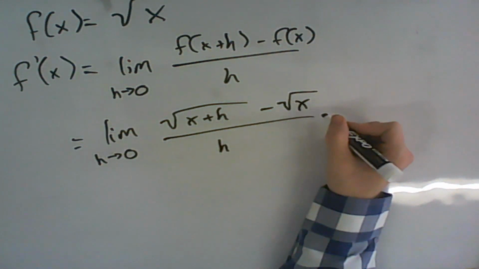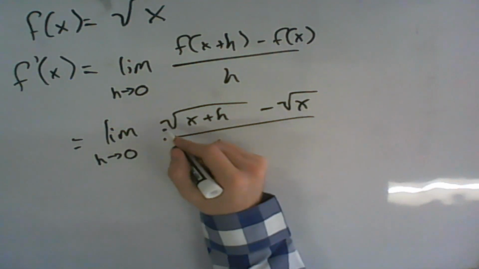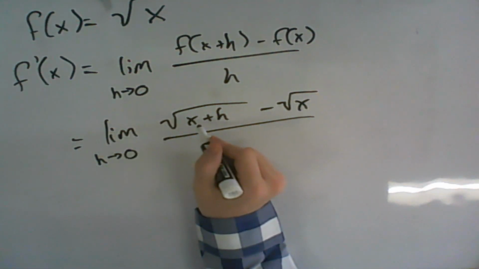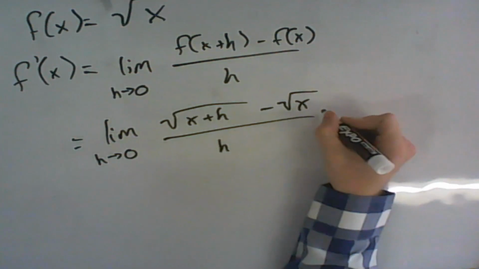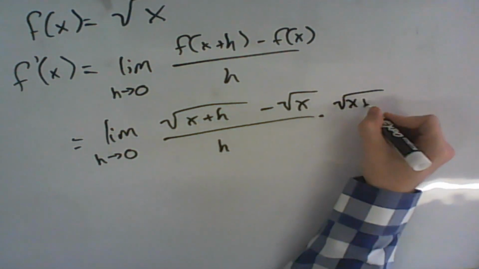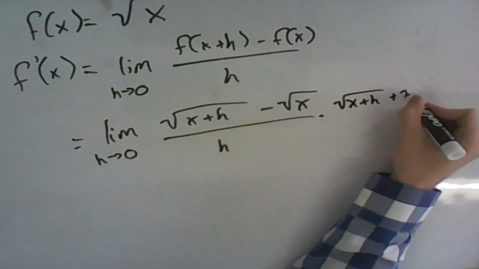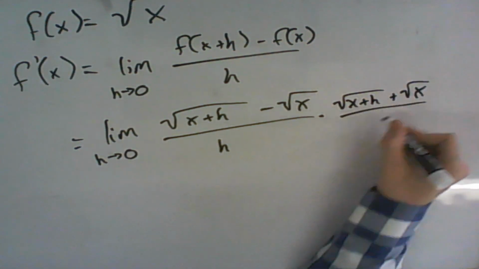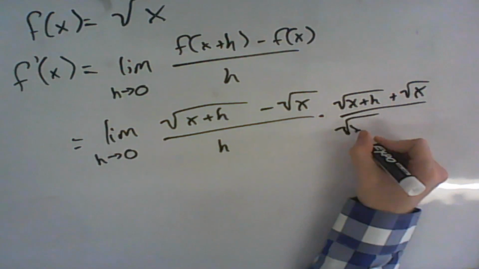Now if you notice something here, we will get 0 if we plug in h as 0. So we're going to get 0 over 0. So we're going to just multiply by the conjugate as the first step so we don't have to do it later.